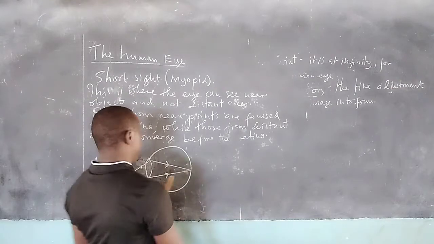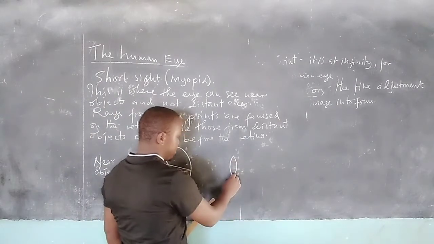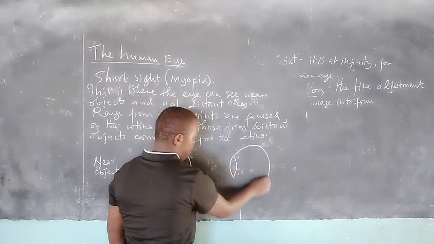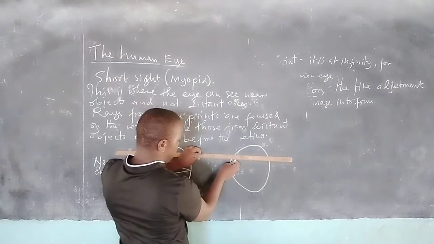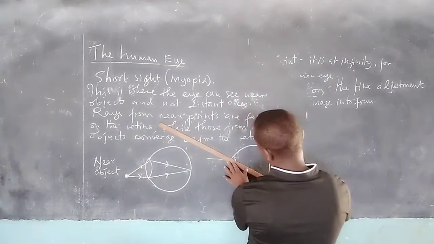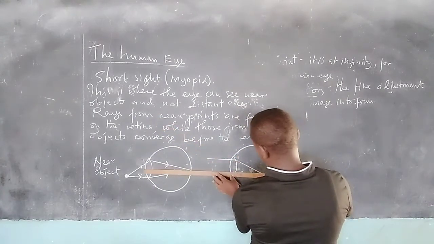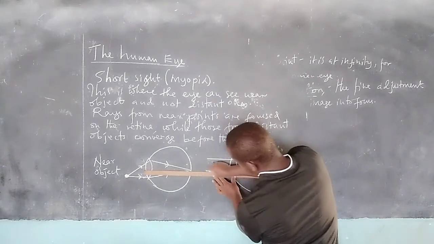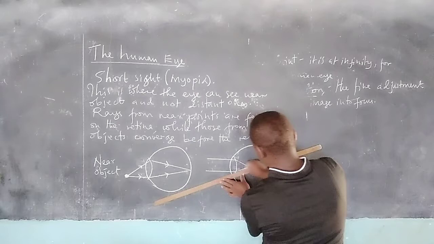But now rays which are from a far object, after reaching the lens, converge before reaching the retina.